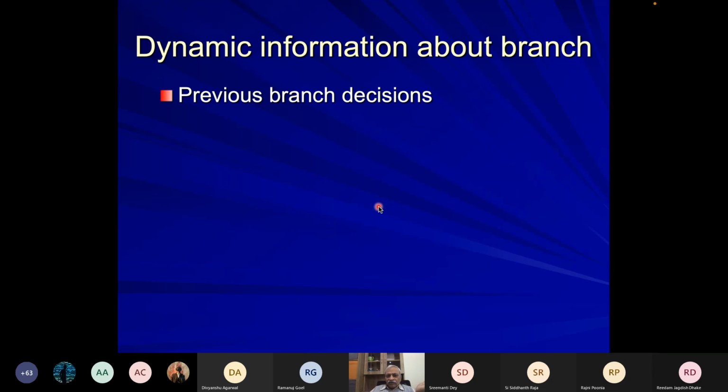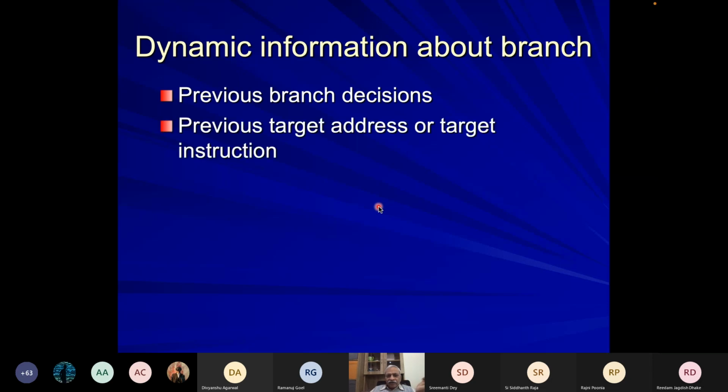So we have to remember previous branch decisions. We can also try remembering the previous target address which is computed, because to process a branch quickly, we need to know the decision, and we also need the address. So from a previous occurrence of that branch, we can also compute the target address.